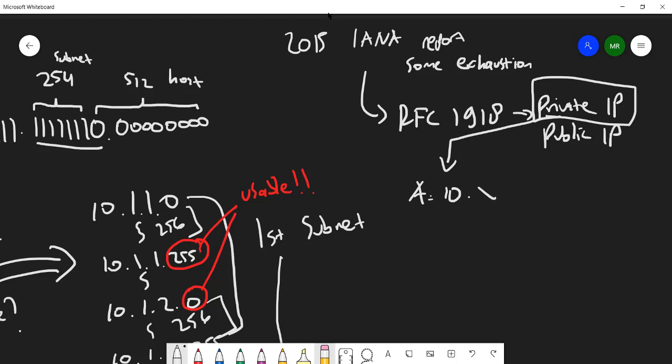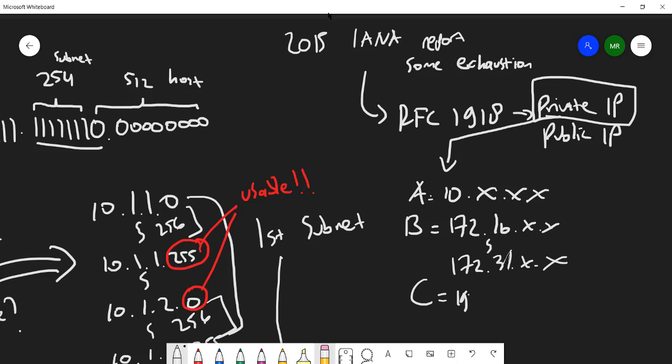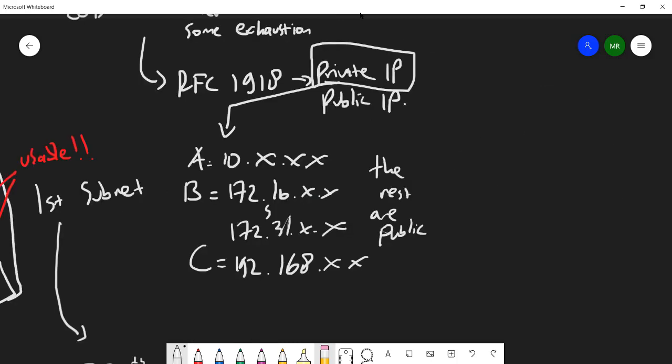Class B ranges from 172.16.x.x up to 172.31.x.x. And the Class C is 192.168.x.x. They stated that private IP is used in LAN and public IP is used in WAN or ISP. Public IP can connect to the internet where private IP cannot.